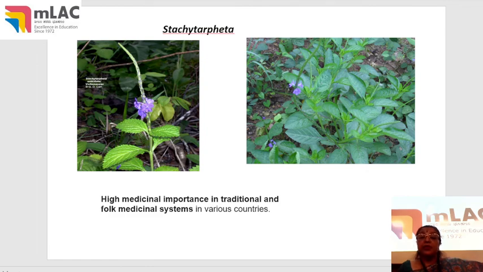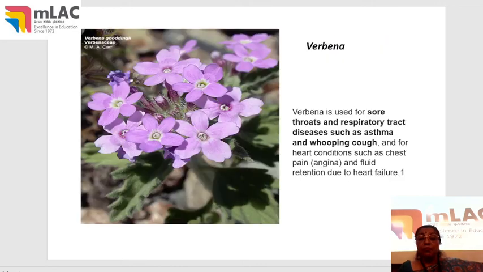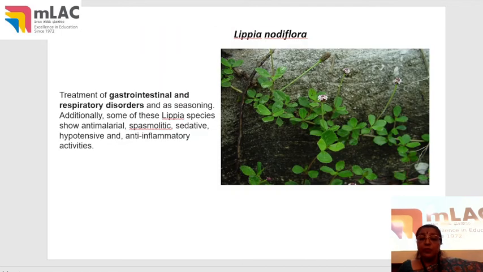Stachytarpheta is a plant which is again found as a weed, but it is a very important medicinal plant used in traditional and folk medicines. Verbena is also a plant which is used for sore throats and various respiratory tract diseases such as asthma and whooping cough. Then Lippia nodiflora, also called Phyla nodiflora, is also used for the treatment of gastrointestinal and respiratory disorders.